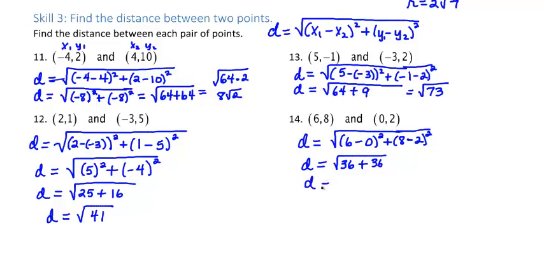Now the square root is 72. But in the previous explanation, like in number 11, I was showing you that really 36 plus 36 is 36 times 2. So that simplifies to be 6 times the square root of 2.